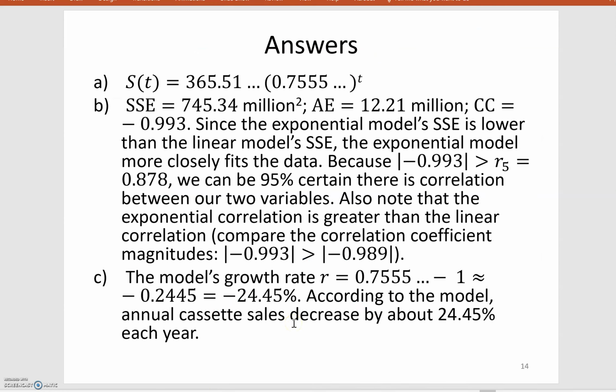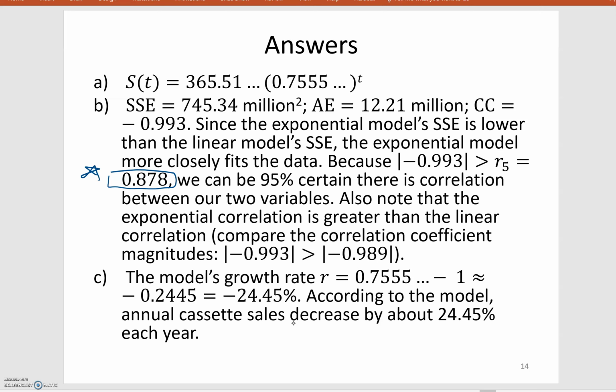Okay. So here are our official answers. Now, I was kind of bumbling around talking about the critical value, but here's the actual computation. The critical value for 5 data points is 0.878. Our correlation coefficient was negative 0.993, and its absolute value certainly is larger than 0.878, so we can indeed be 95% confident that there's correlation, and in fact negative correlation.